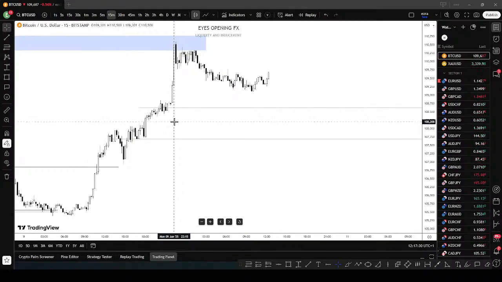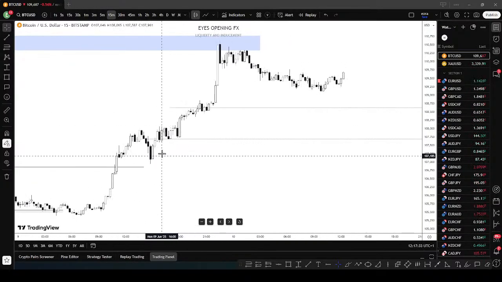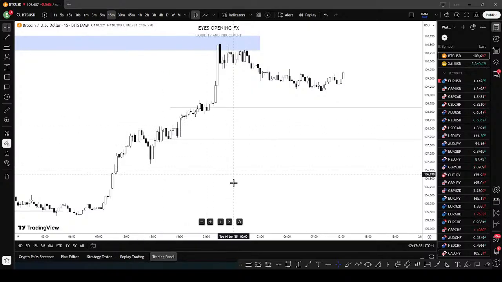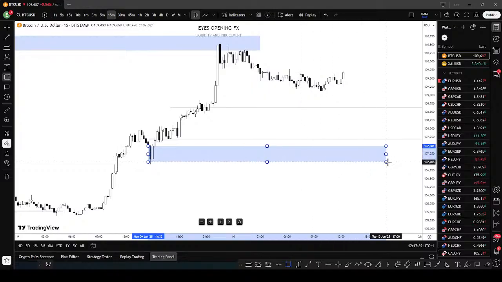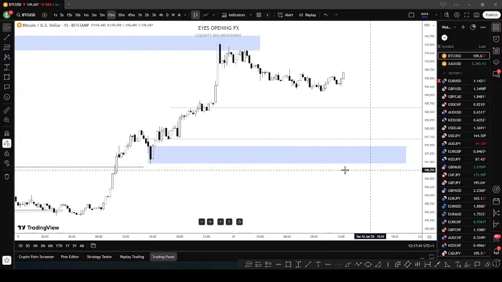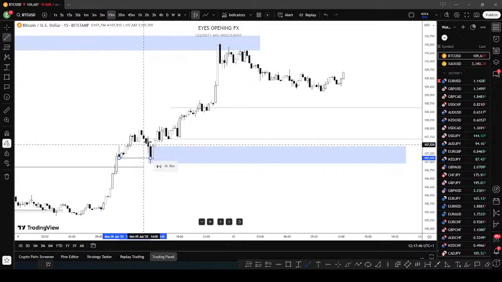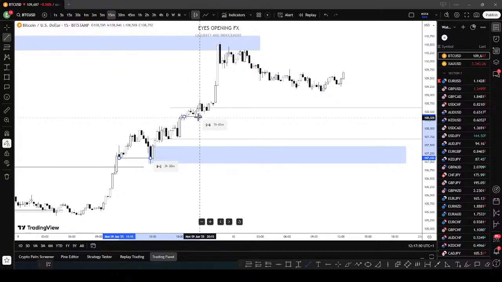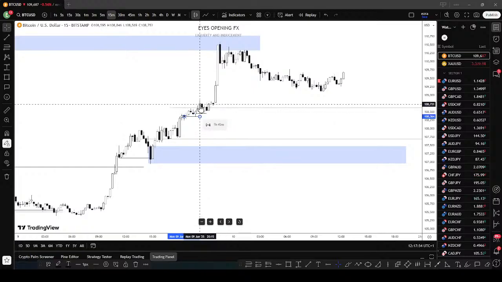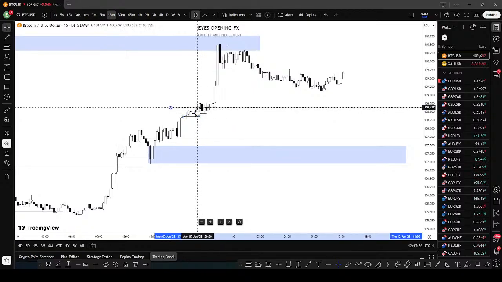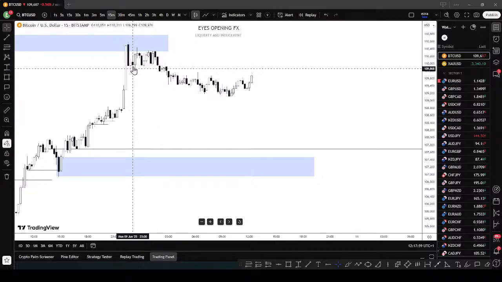On this time frame, the last mitigation we have remains the POI for this area, after inducing the whole of this liquidity right here. Here we have continuation structure, continuation outside here in mitigation, and another mitigation. This gives us an idea that this area can hold price for bullish continuation. If the market gets to this area, we can look for a buy here on BTC.